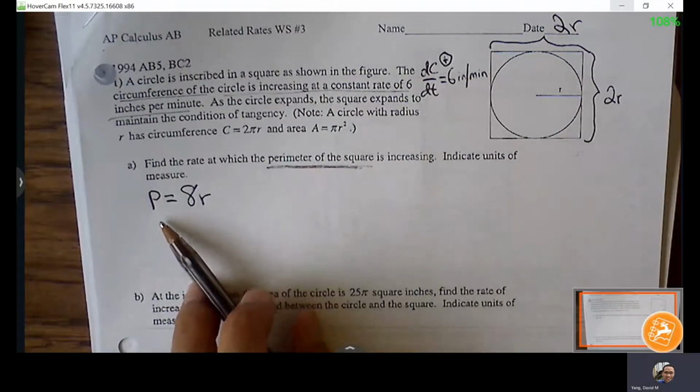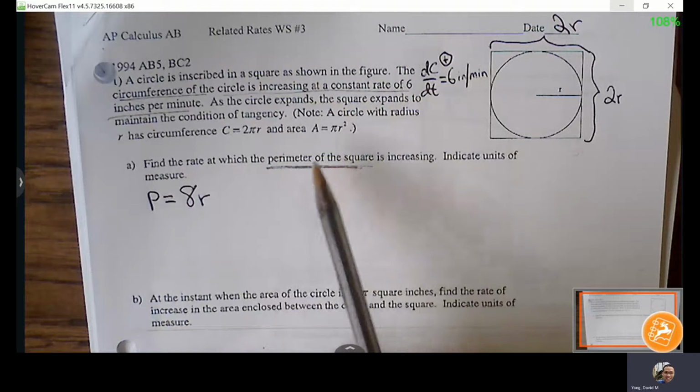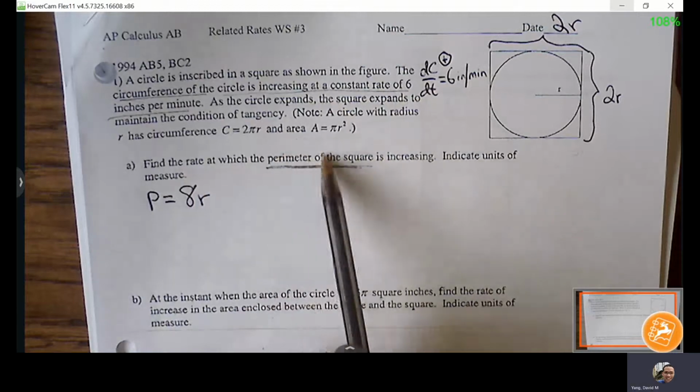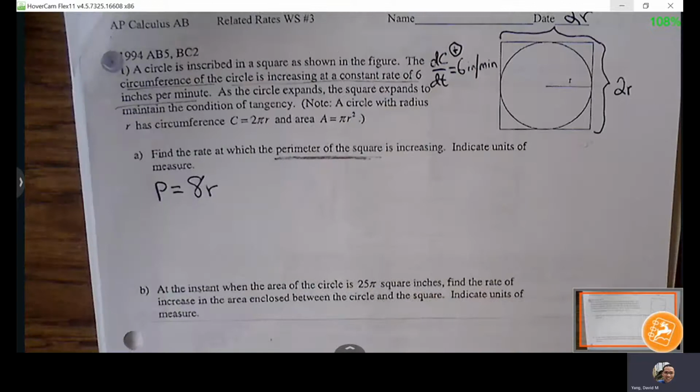I think we're ready to find the derivative, since we're trying to find dP/dt, the rate at which the perimeter is increasing. So let's find the derivative.